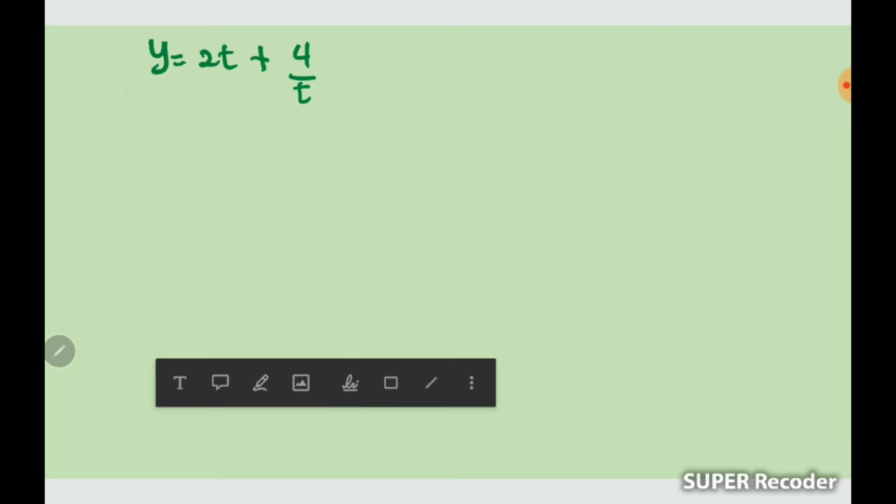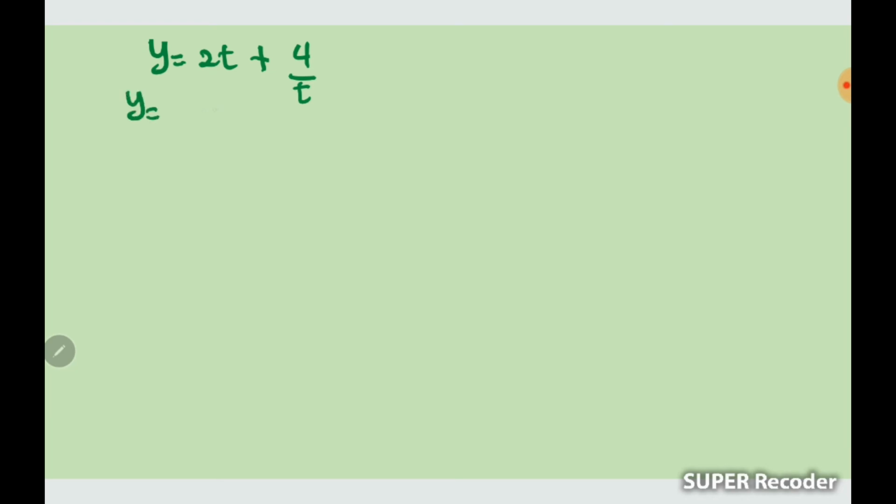Now we continue with what is y in terms of t. y is given as 2t plus 4 over t. So we simplify by equalizing the denominator, that is t. So we have 2t squared plus 4.